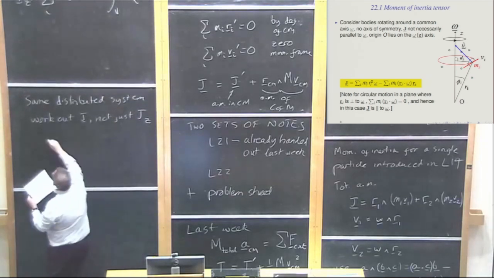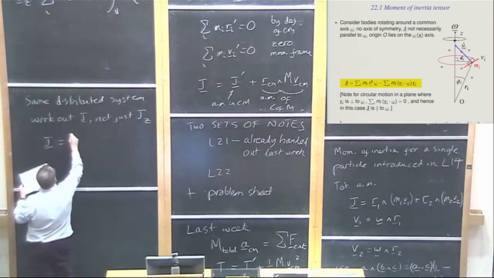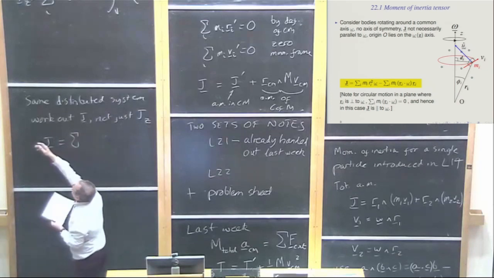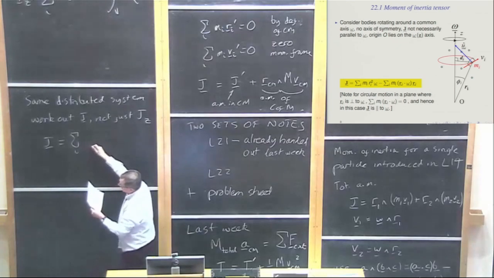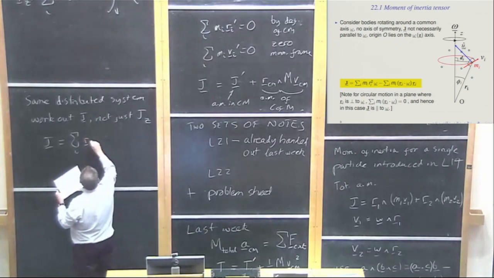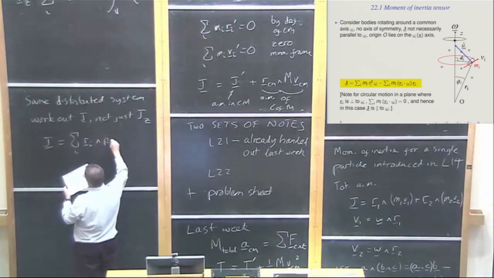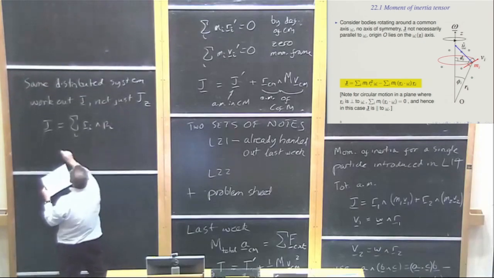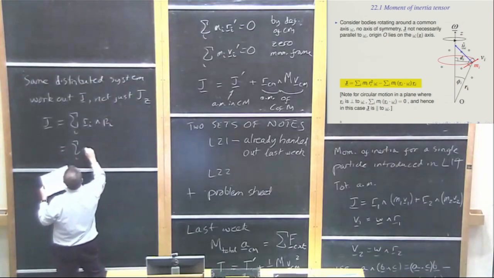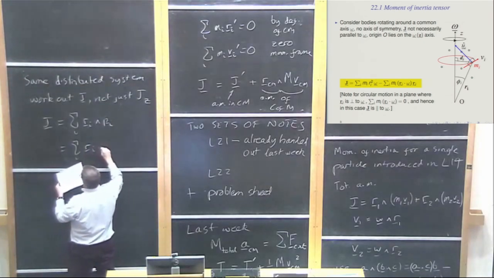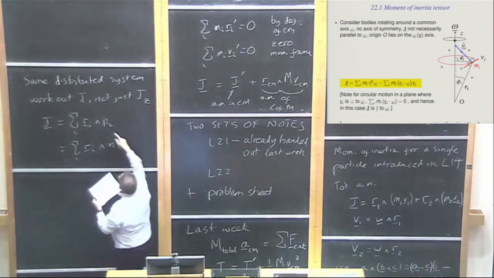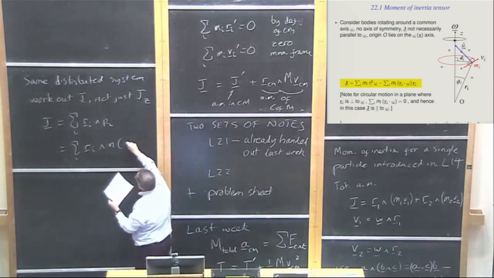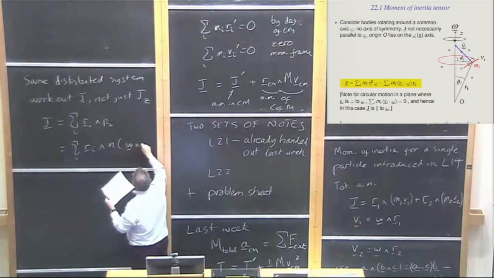So J is going to be given by, so again we're back to this rigid discrete body. So it's a finite sum over Ri cross Pi, which is Ri cross M, writing this as V, which we can write as omega cross Ri.